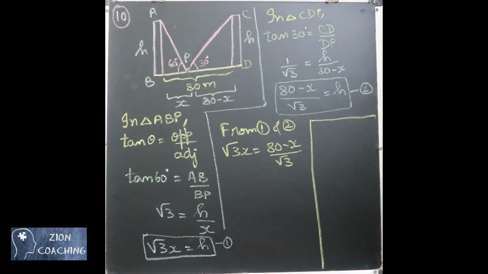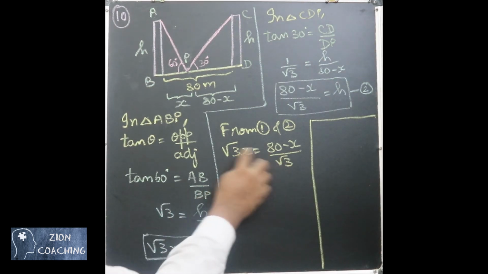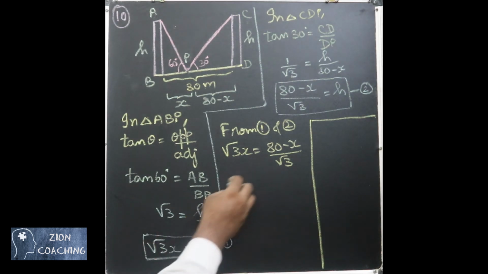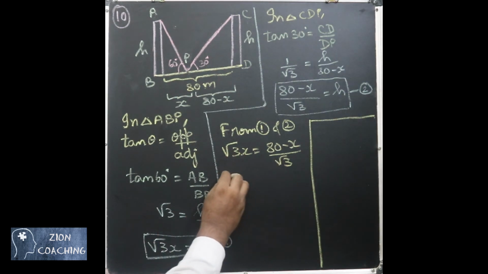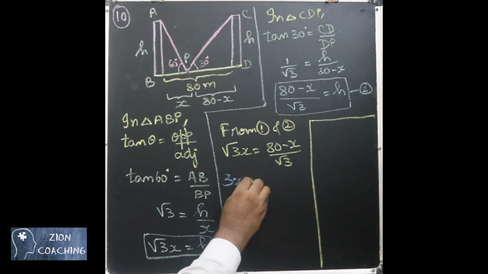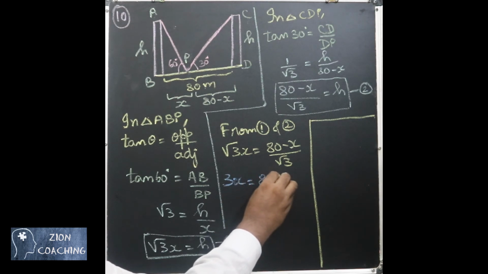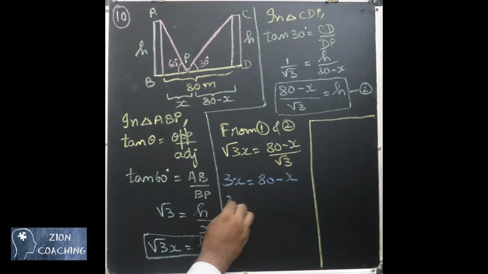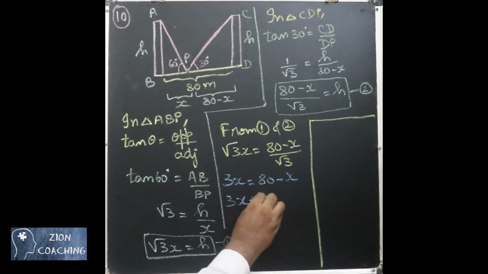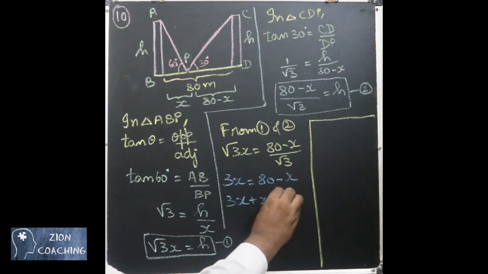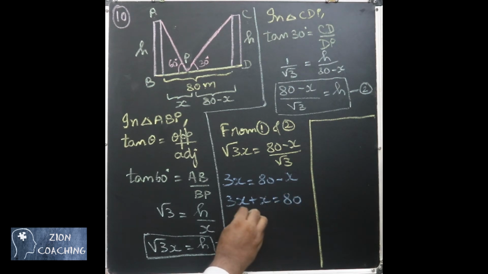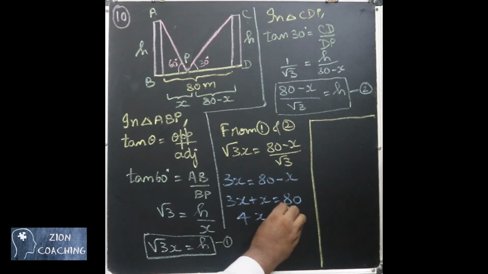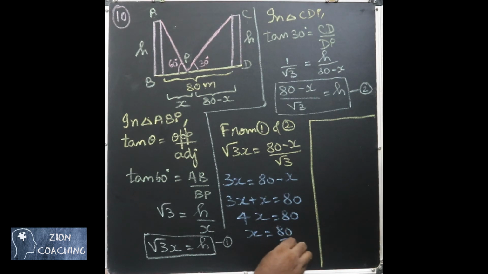Now, taking this root 3 to this side, root 3 into root 3 is 3, so 3x equals 80 minus x. Bringing x to this side, we have 3x plus x equal to 80. That is 4x equal to 80, then x is 80 divided by 4.